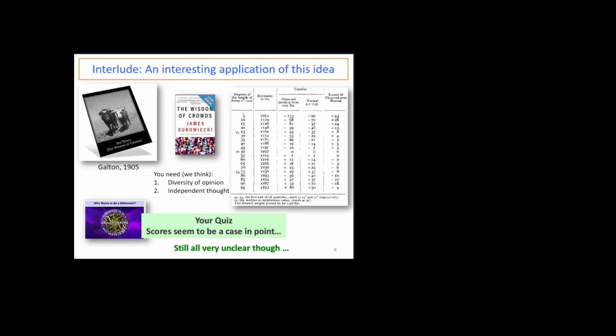So the idea is that even if people have no idea or just a small idea, if you average out that knowledge from a large group, then probably you will get to the right answer. And what do you need for that? First of all, diversity of opinion. You need a large group of people that all have different backgrounds, so they all bring some knowledge to the table, but different knowledge.